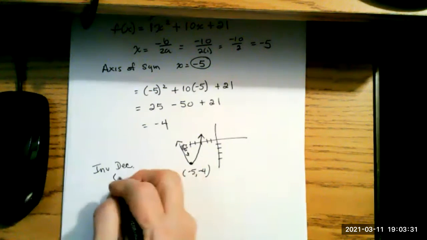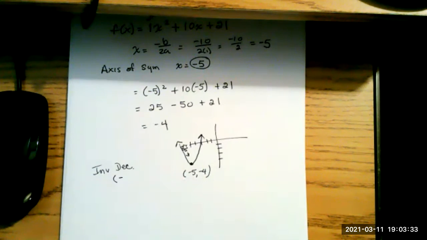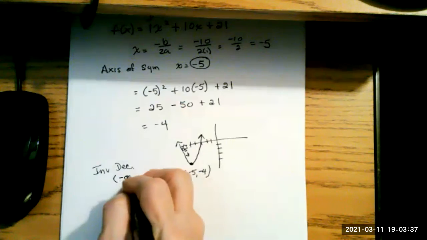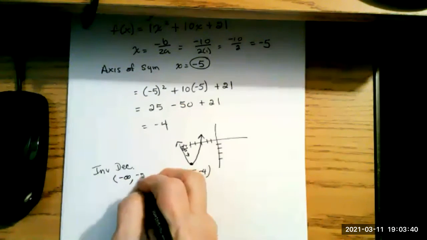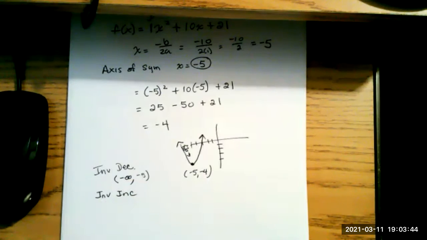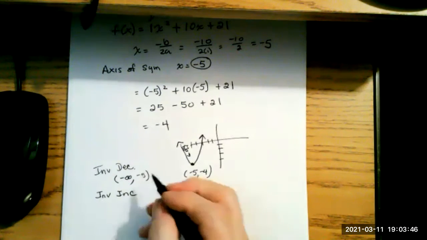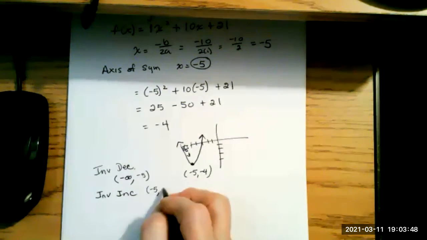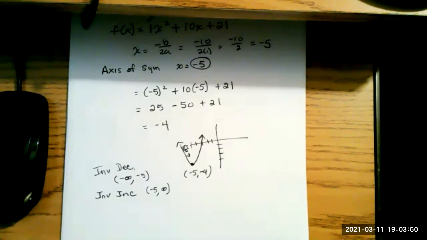The interval decreasing is going to be parentheses, negative infinity, comma, negative 5. That's right. What's the interval increasing? It's going to be negative 5, comma, infinity, with parentheses.